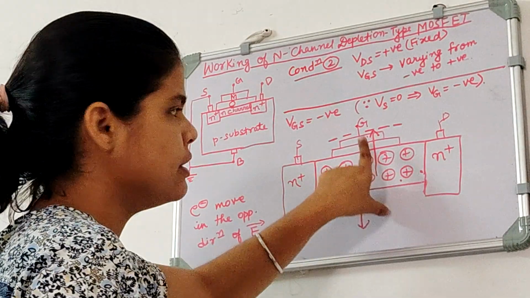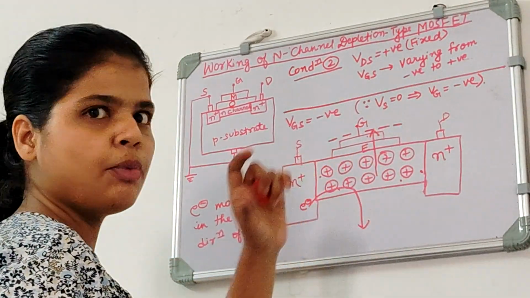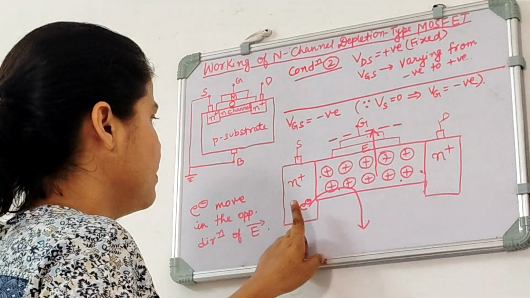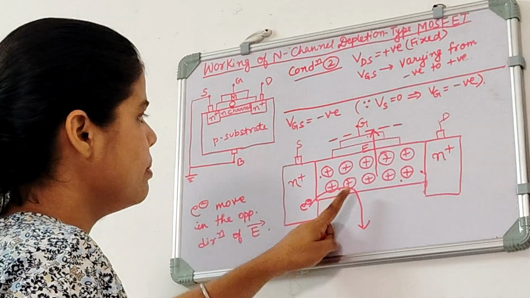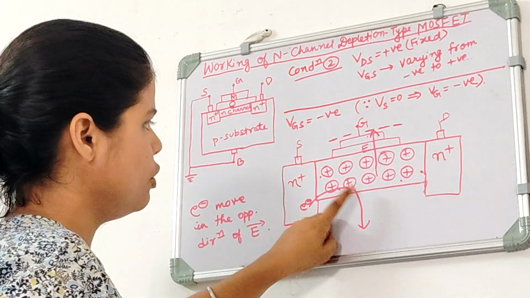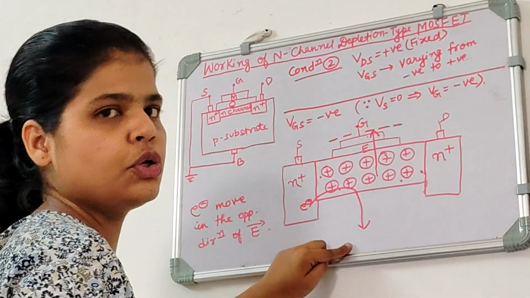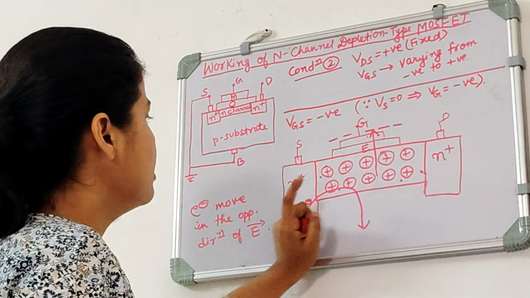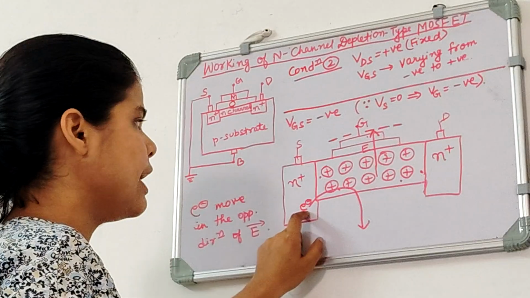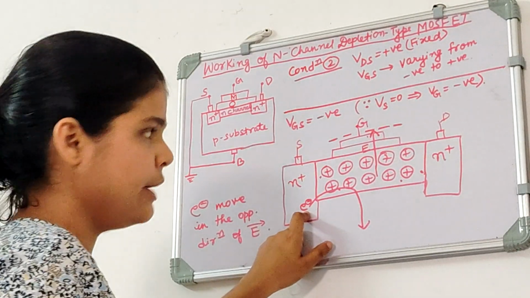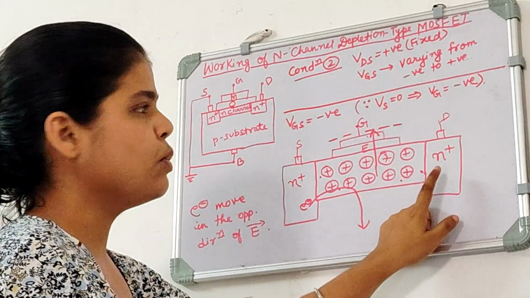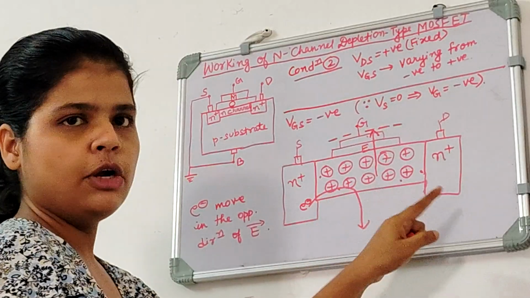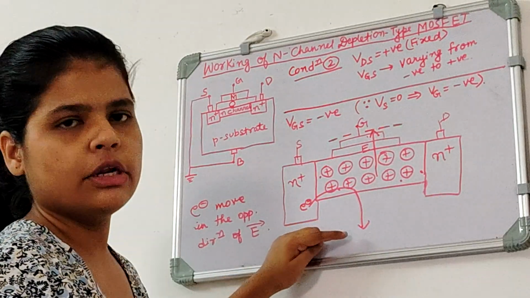So the electric field is in this direction because the electric field goes from positive to negative. So the electron will move in the direction opposite to the electric field. This electric field is so strong that even if our electrons try to move through the channel towards the drain, they won't be able to. They will just move towards the bottom.